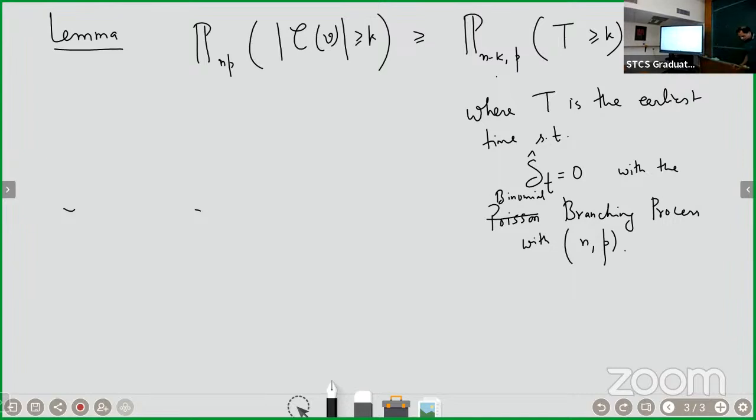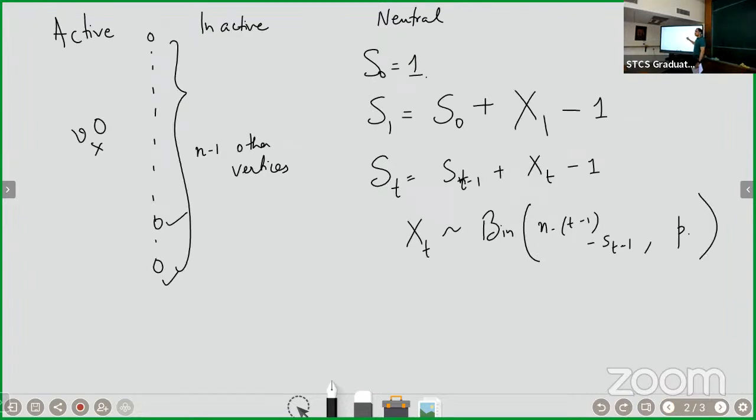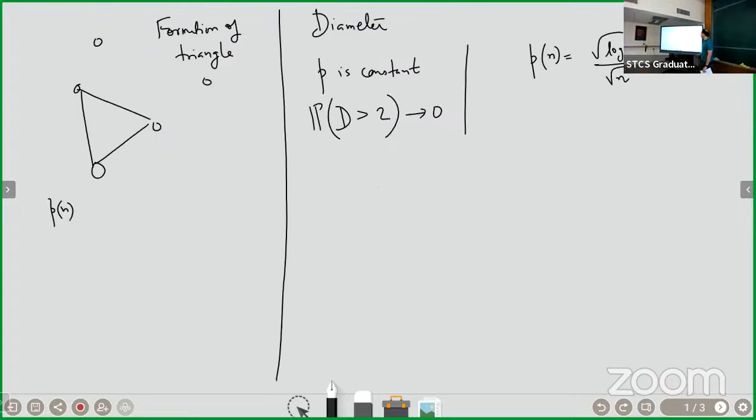What we're doing. So Xt hat is essentially defined the same way, just that the Xt hat are now independent IID binomial with parameters n minus k comma p. Those are the two distinct processes.